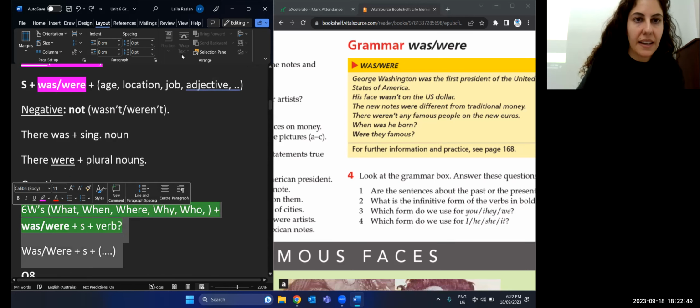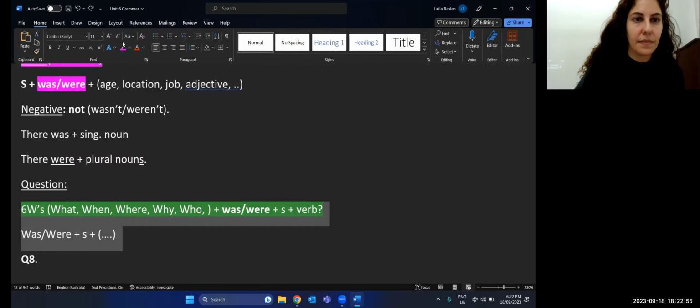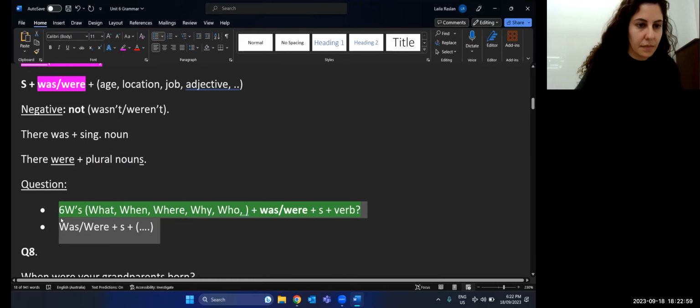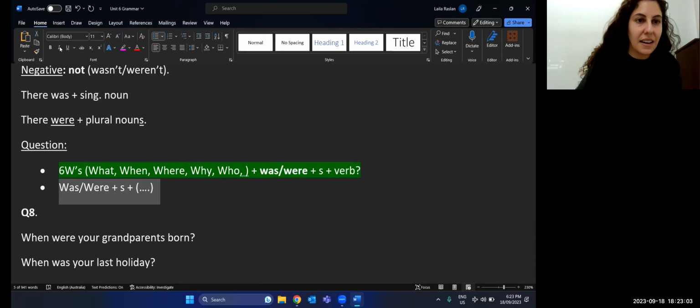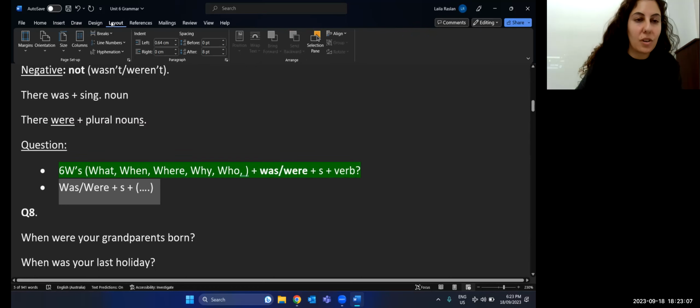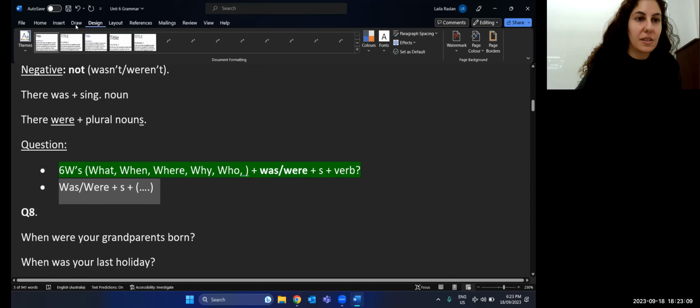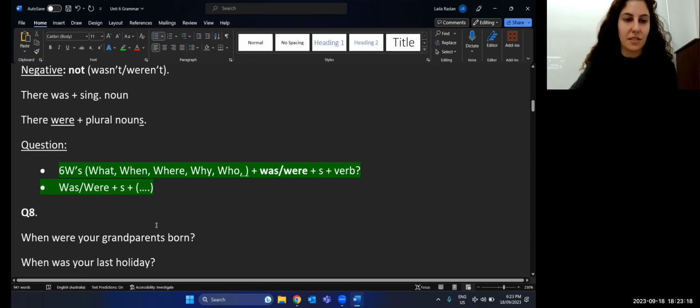So these two ways to make a question. Okay, so very simple. The past simple, was or were, from the verb to be. Okay, so that's how we make two ways to make the questions.